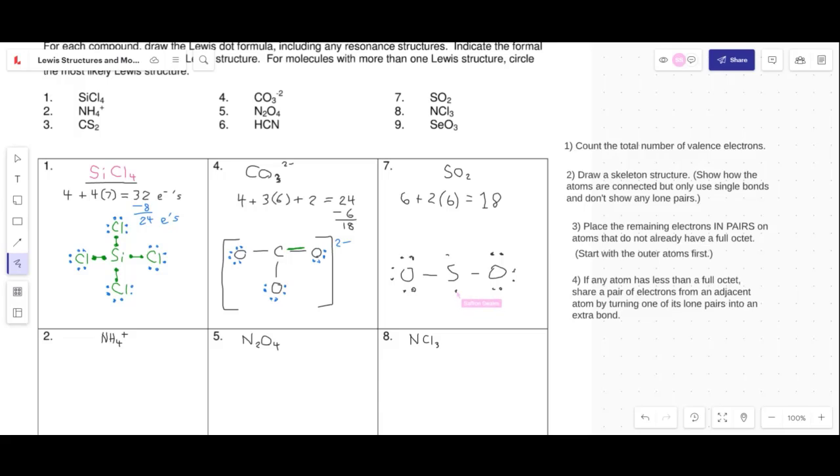Yep. Now, in pairs, they can't be one at a time. You always have to put them in pairs. And the reason is because unpaired electrons are actually very unstable. You might have heard this term before and described by nutritionists and others, but the unpaired electrons are called free radicals.